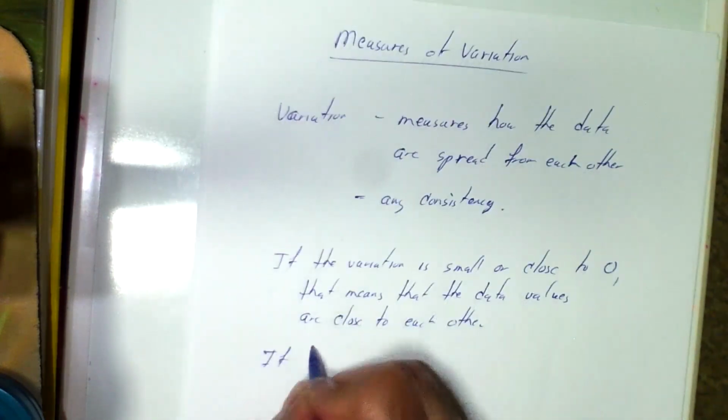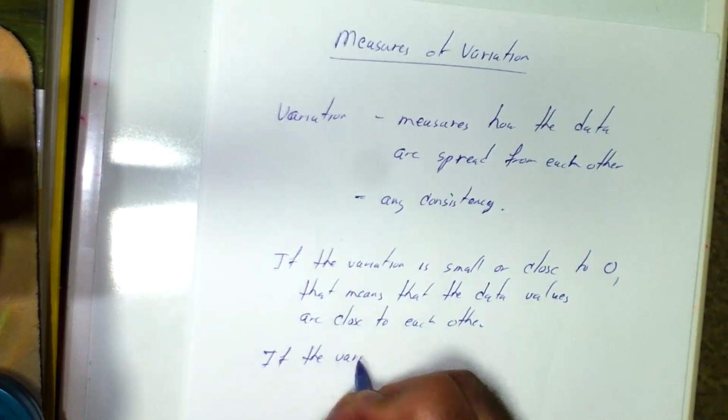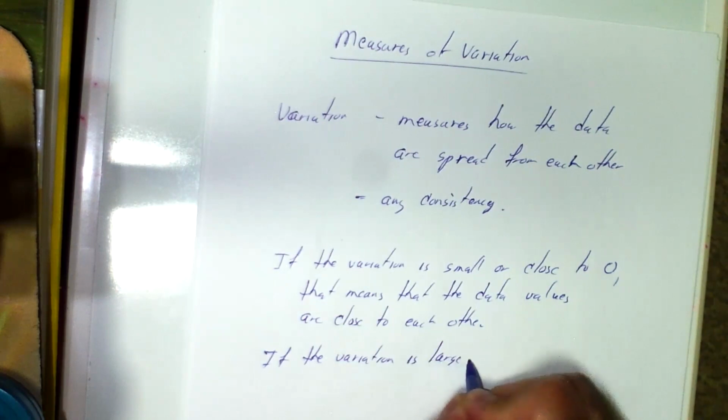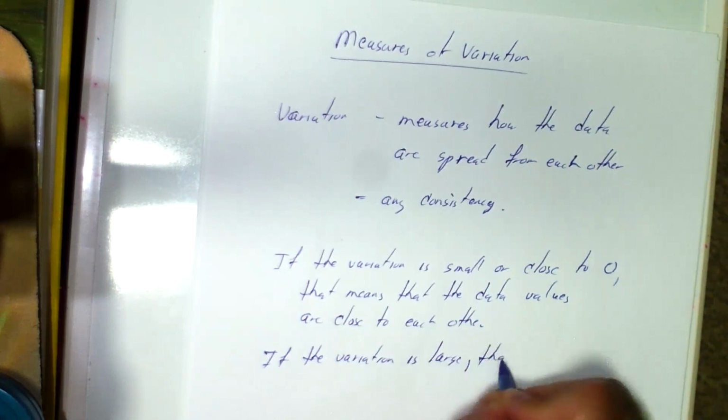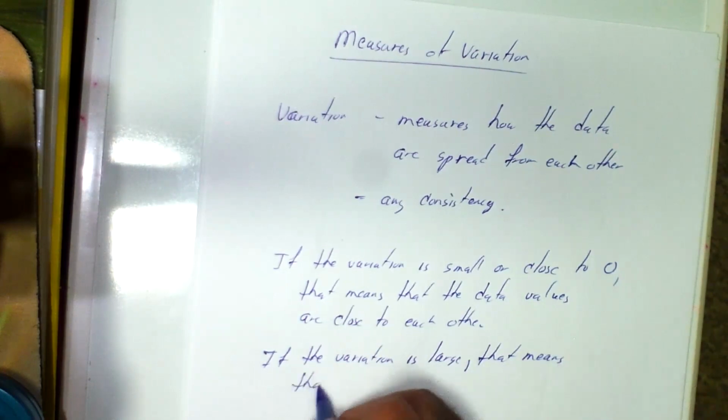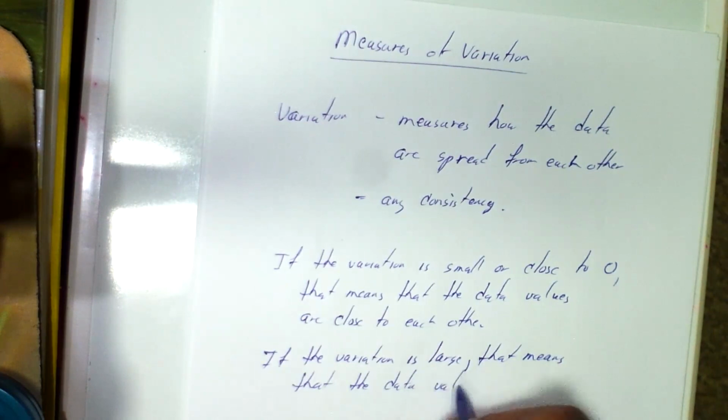If the variation is large, that means that the data values are far away from each other.